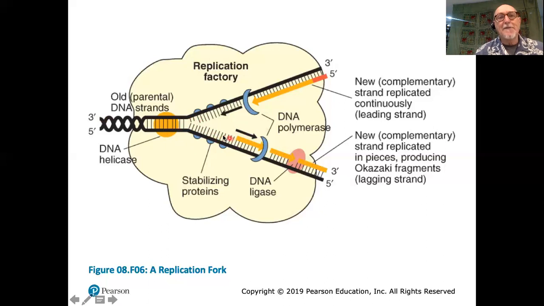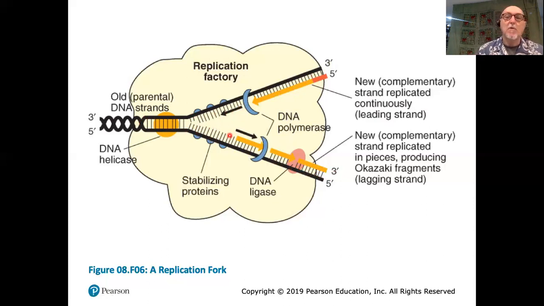The impact of this is that for this strand here, which is adding bases in the same direction that the fork is being opened, we form a continuous strand. This strand here, the opposite strand, we have to add bases in the opposite direction to the way the fork is opening, and we end up having to lay them down in short fragments.